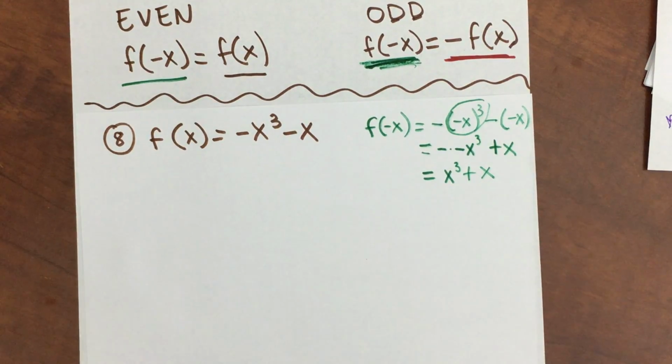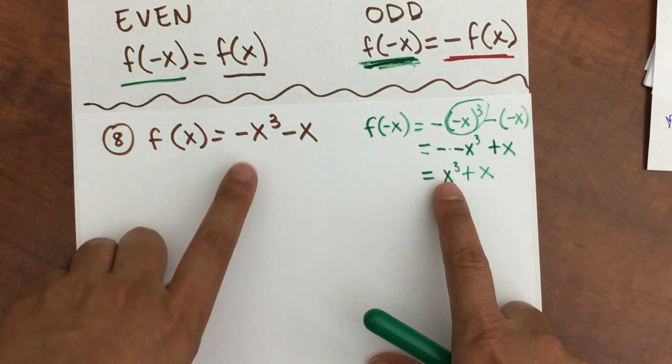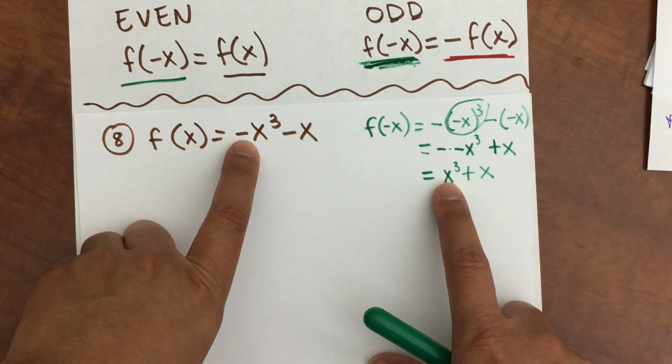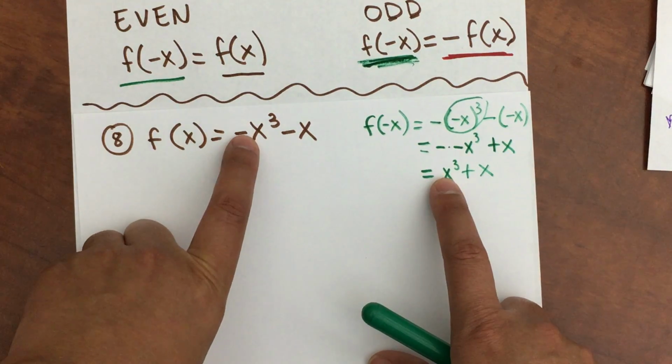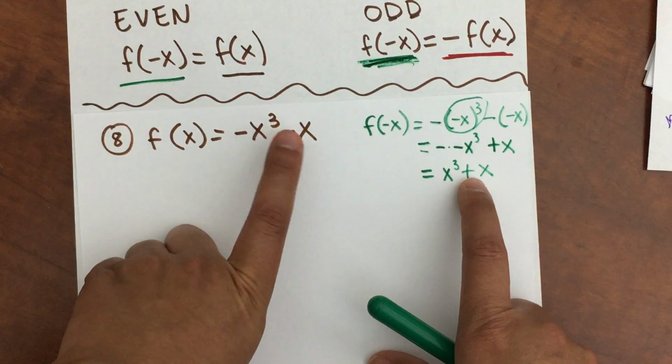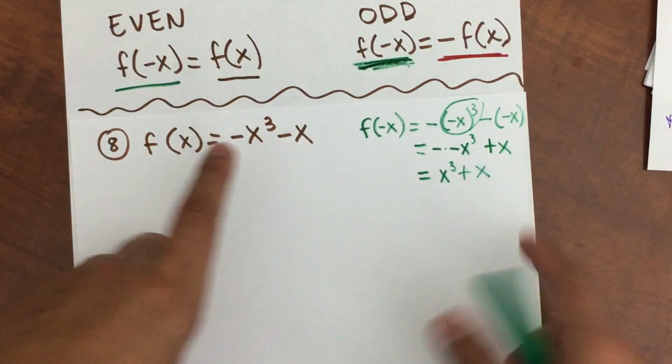Now, if you remember, the shortcut of my colleague is that if they are opposites, then it's going to be odd. And you can notice that in here, positive and this is negative, they're opposites. Positive and this is negative, they're opposites, so it's going to be odd.